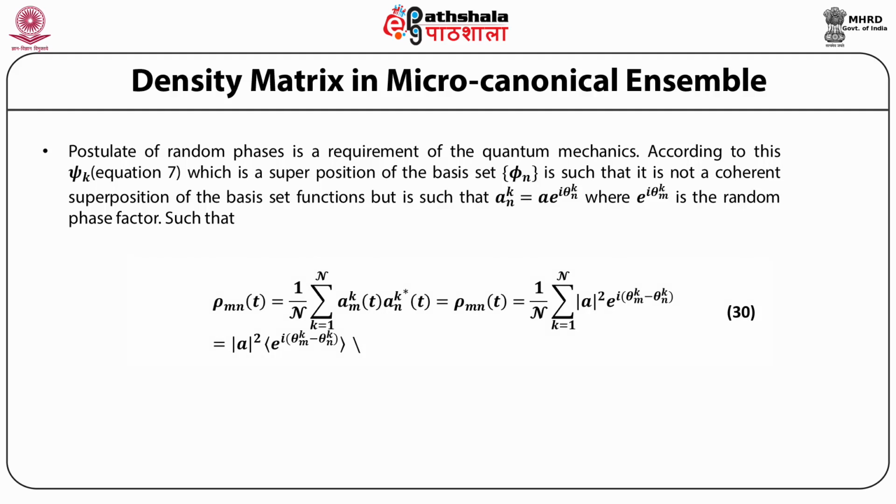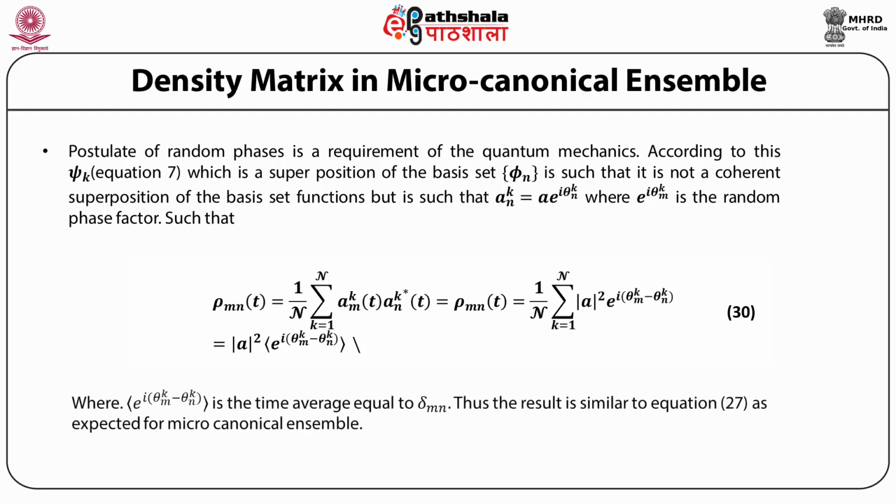the number of identical systems in the ensemble N multiplied by summation over k equal to 1 to N of a mk as a function of t multiplied by a kn star as a function of t, which is equal to the matrix element of rho between m and n as a function of t, which is in turn equal to 1 upon the number of identical systems in the ensemble multiplied by summation over k equal to 1 to N of modulus square of a multiplied by e raised to power i (theta km minus theta kn), which is equal to modulus square of a multiplied by the time average of e raised to power i (theta km minus theta kn), which is in turn equal to delta mn.